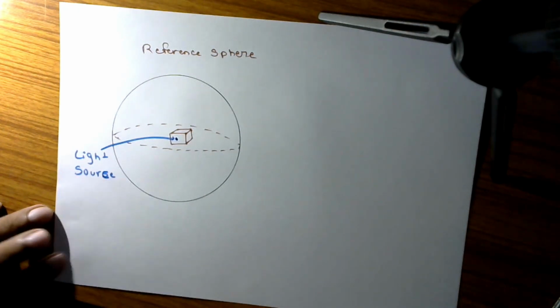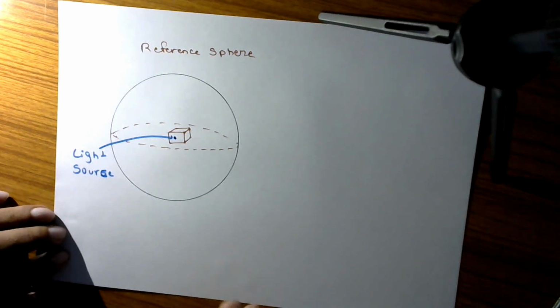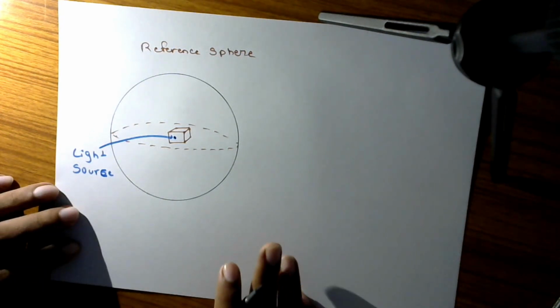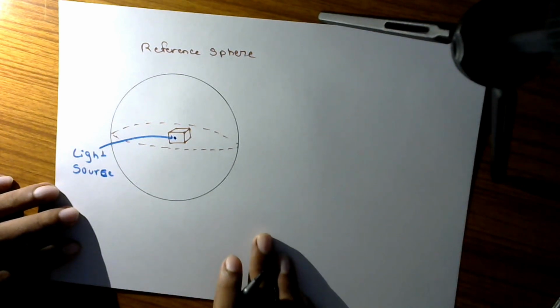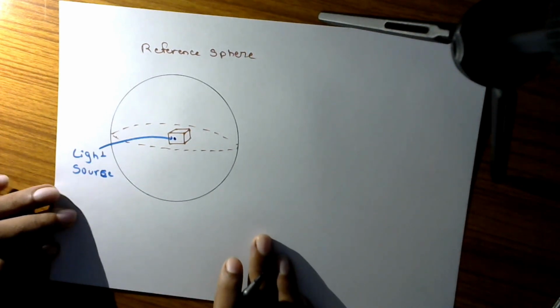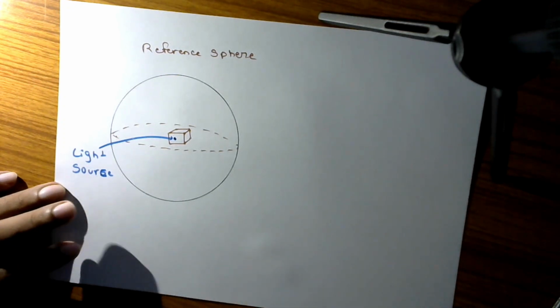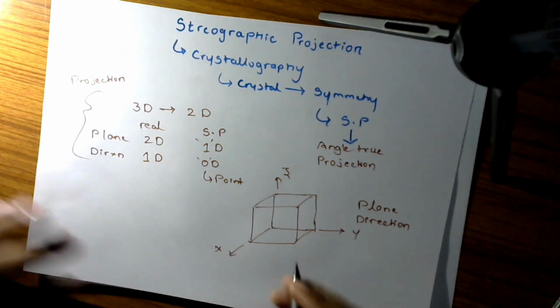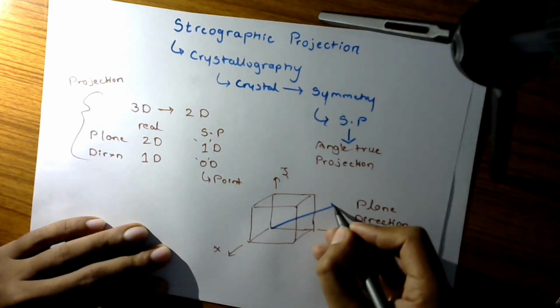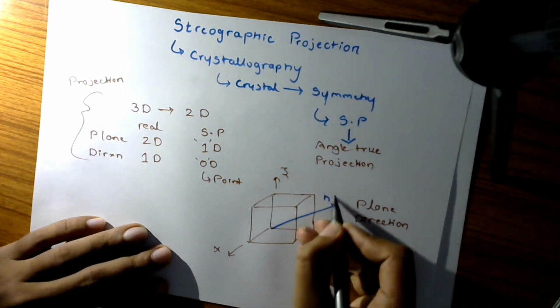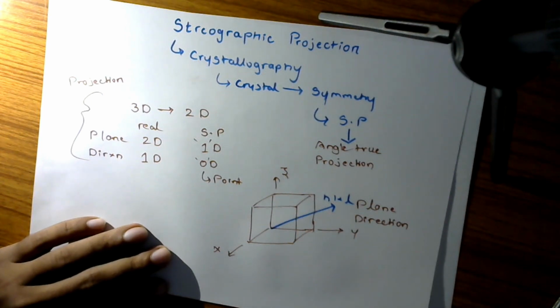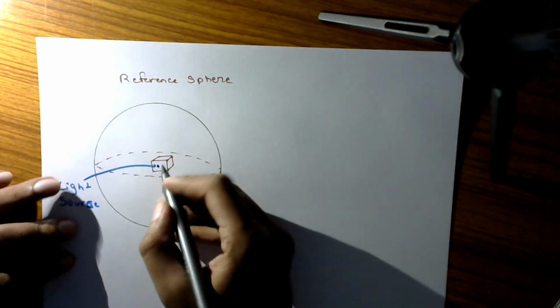This light source will radiate light in all directions, so each ray of light will represent a particular direction itself. Because in crystals, we have a set of directions which we have to deal with, let us say H, K, and L. Now, let's draw that particular direction.